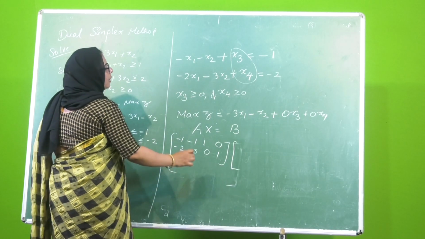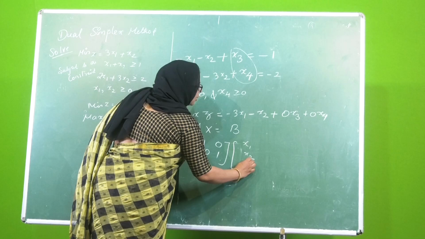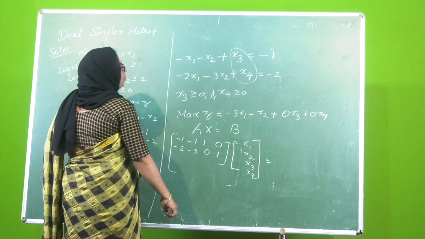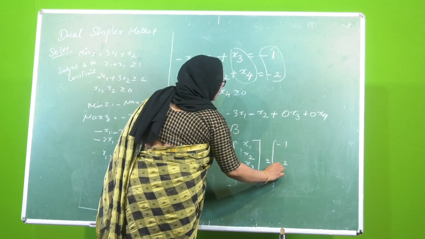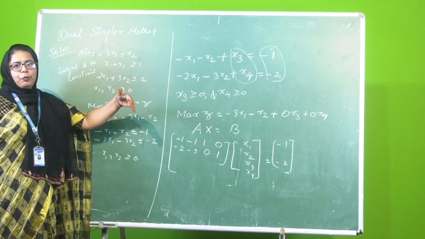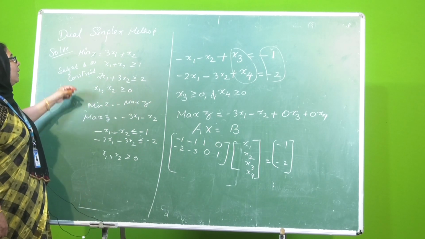And the variables are x1, x2, x3 and x4, equal to B. What are the constant values? Minus 1 and minus 2. These are all the previous steps before we solve the problem in the dual simplex method.